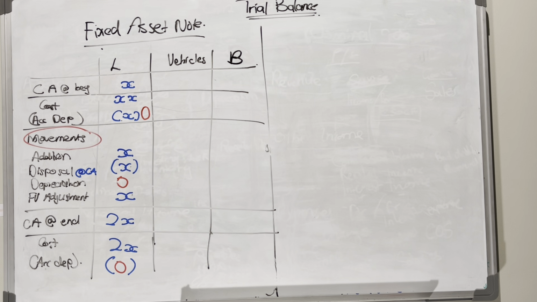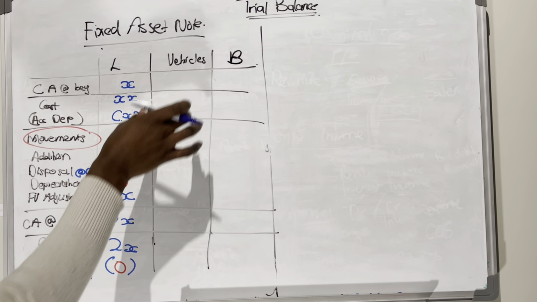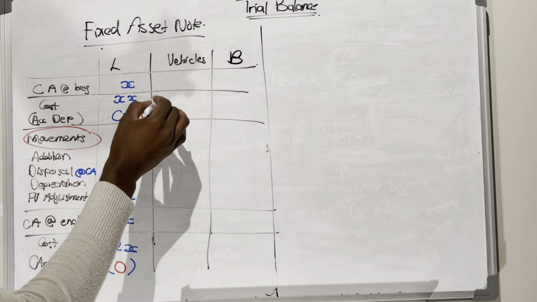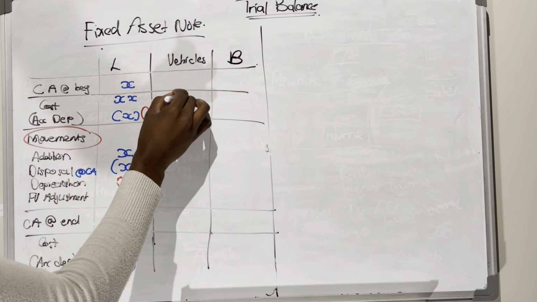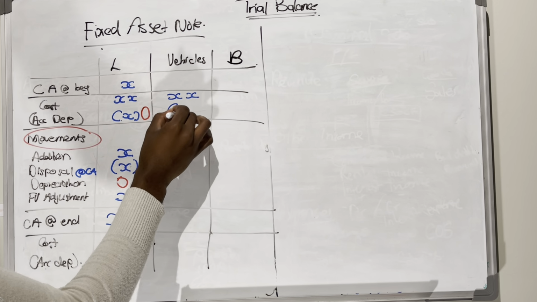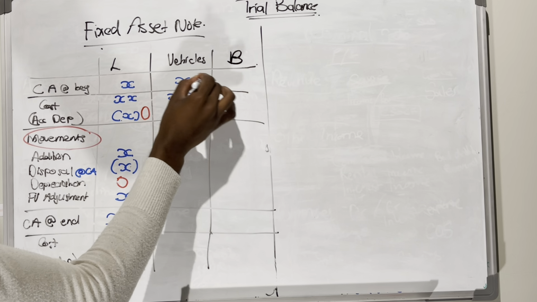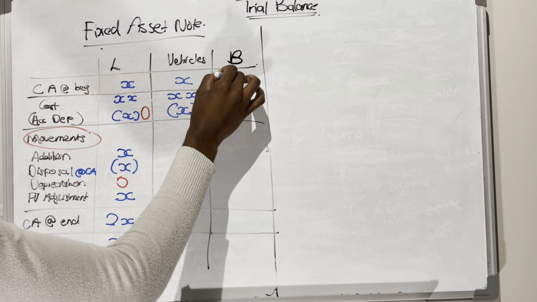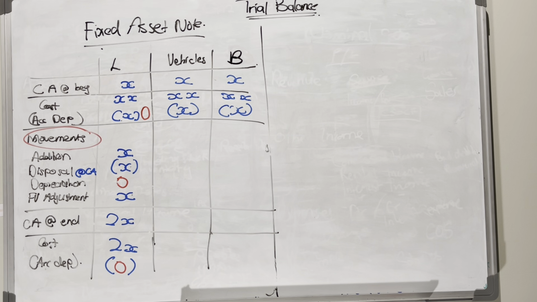But then it starts being different for vehicles and buildings, because these two actually take on depreciation. And same, we have xx minus x to give us x. Still do the same, xx minus x, that'll give us x.